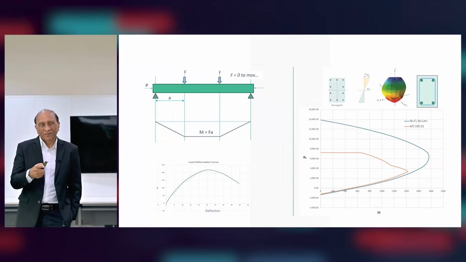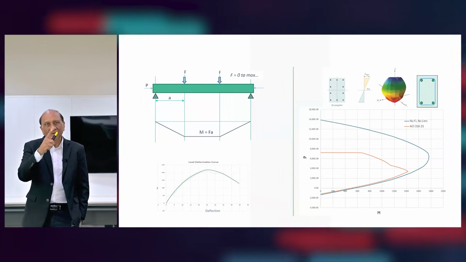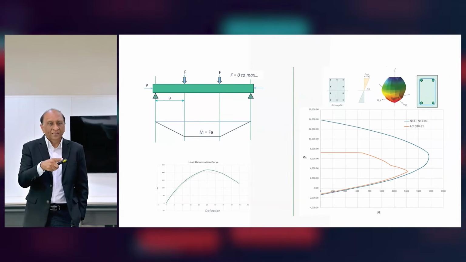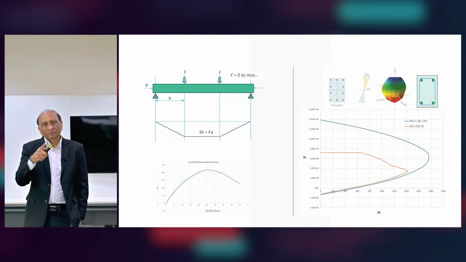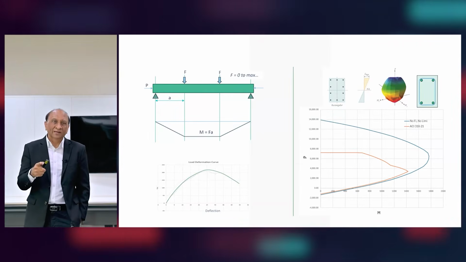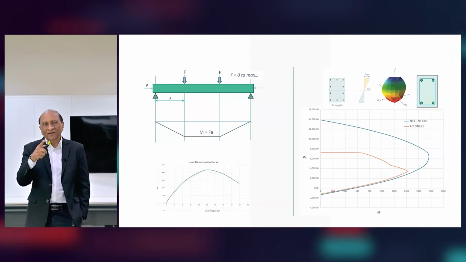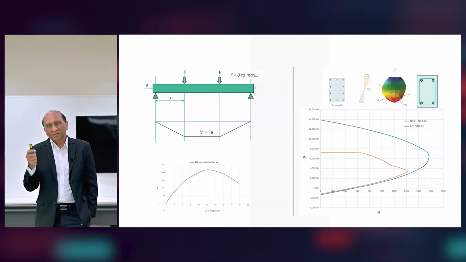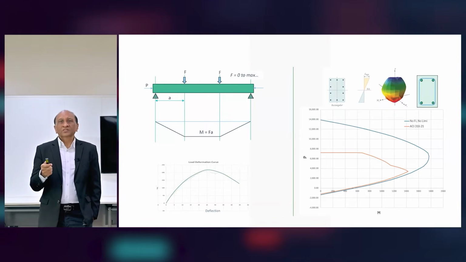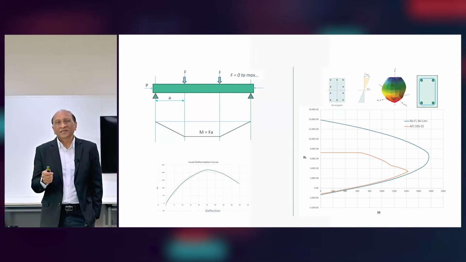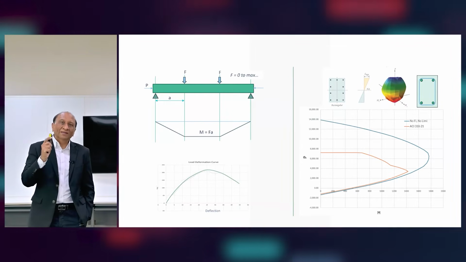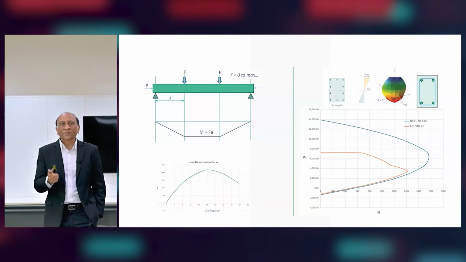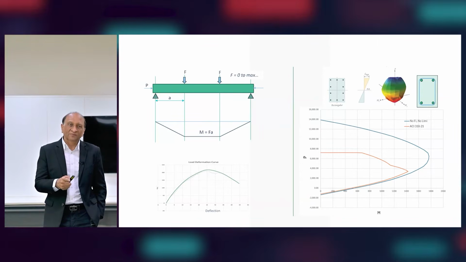For example, if you look at this beam, same beam, similar beam, and we have two loads. If we increase the load from 0 to maximum, you can see the bottom line here, the beam will deflect in a non-linear manner, not in a linear manner. At some point, it will start to crack, then deflect a lot, then get damaged a lot, and finally it will break. But the capacity equation and interaction diagram on the right only gives us the condition when this moment has reached the theoretical ultimate moment. Not all the moments when the beam is going through this deflection curve.